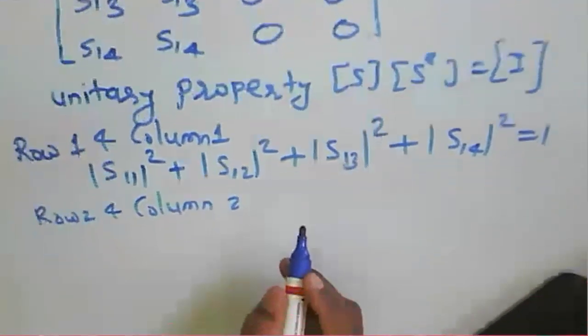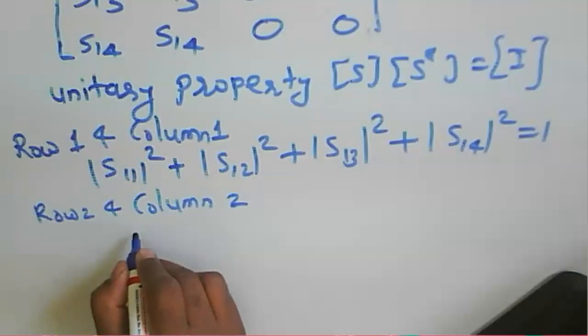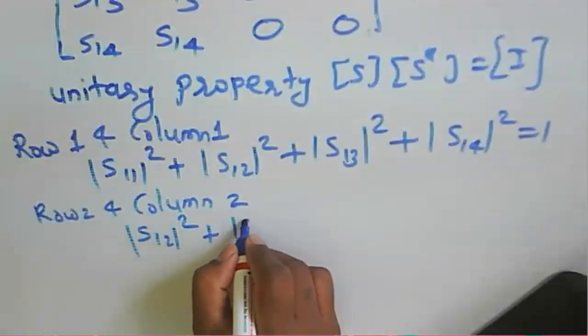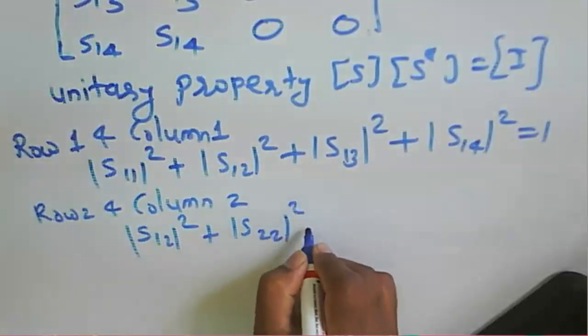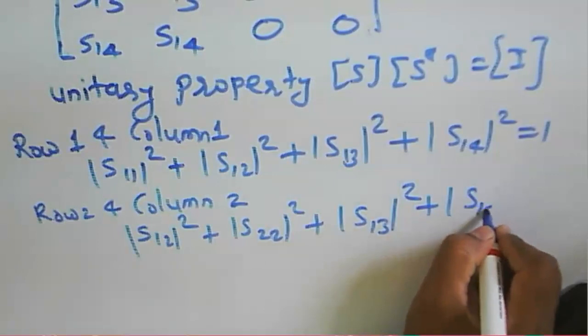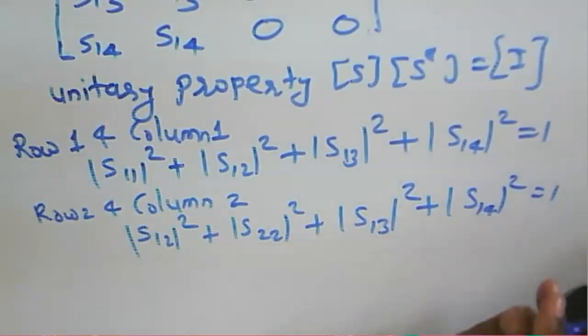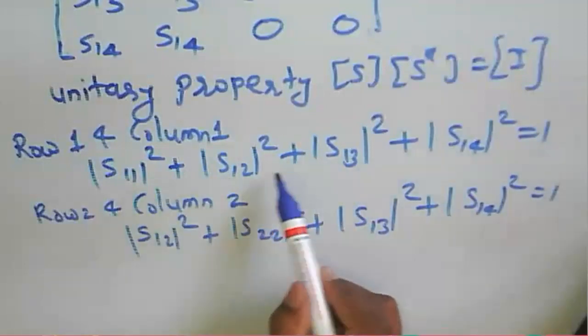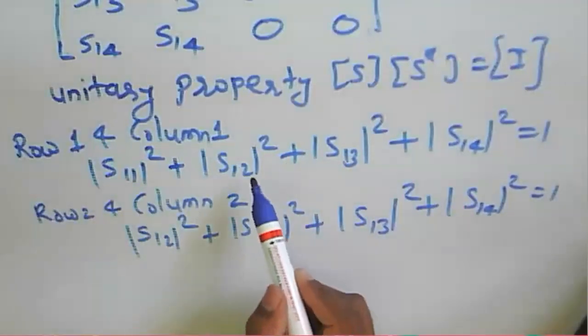In that case we will get S12 square plus S22 square plus S23 square plus S24 square is equal to 1.